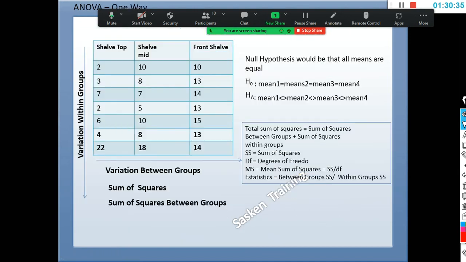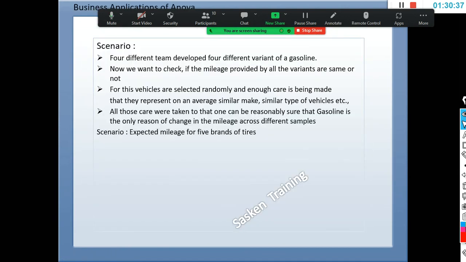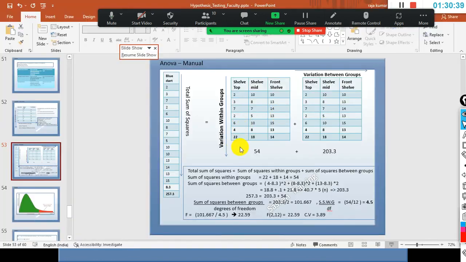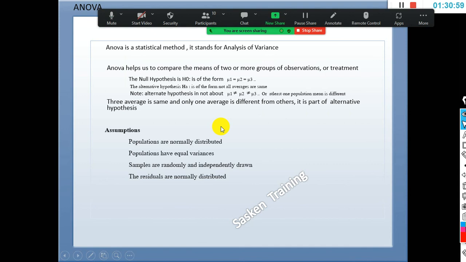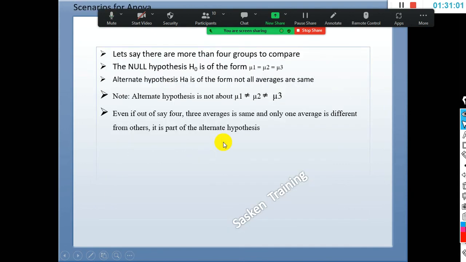Hence, we reject the null hypothesis, and we are going to conclude that the average sale across all these three locations is not same, is statistically different. The average sale across these three stores are statistically different, which means the sale is not same.